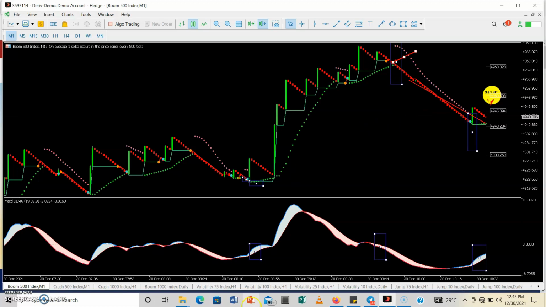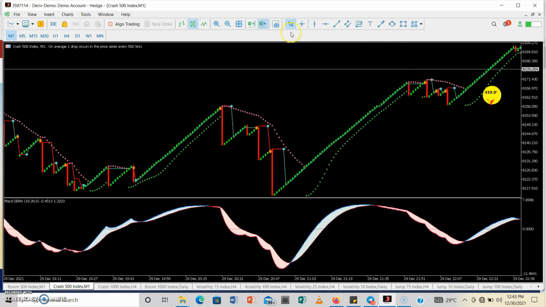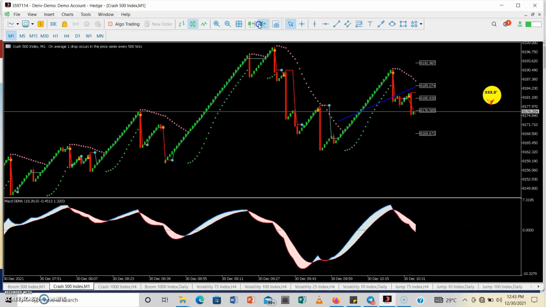Okay, maybe let's take a look at Crash. I'll start off by going to the current market price. So we said this strategy can do both spike catching and scalping, right?